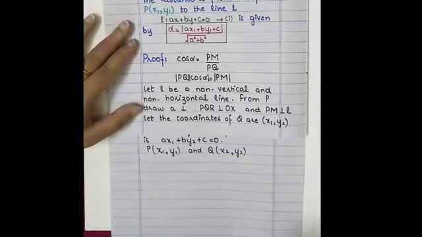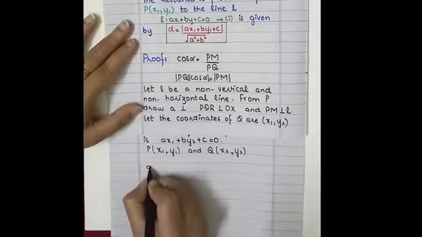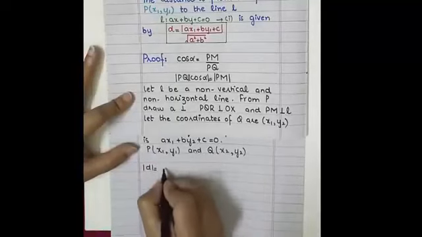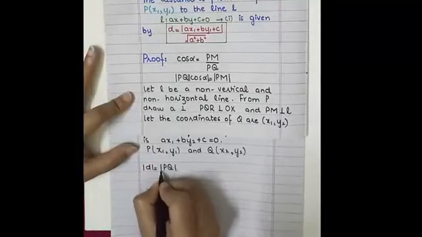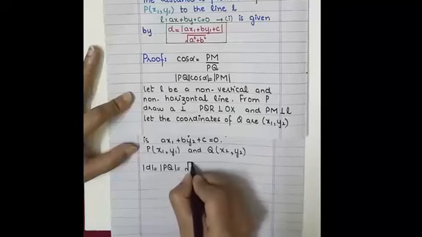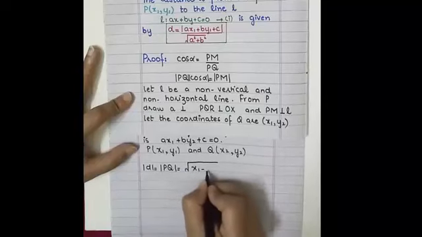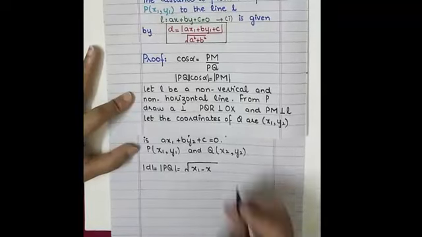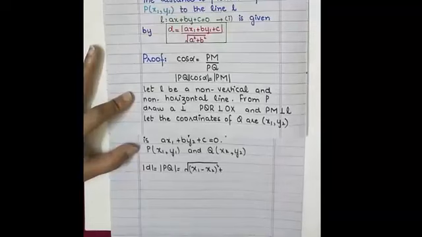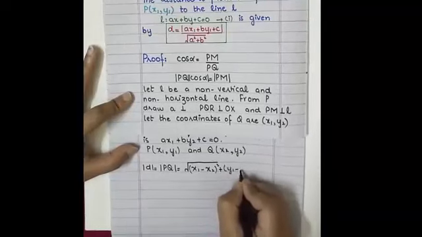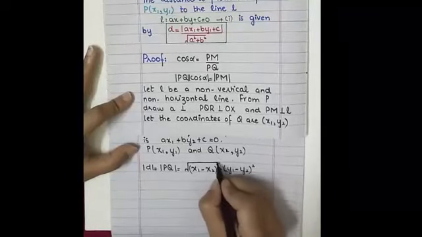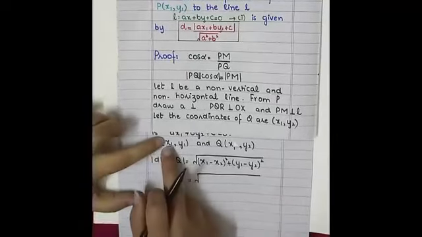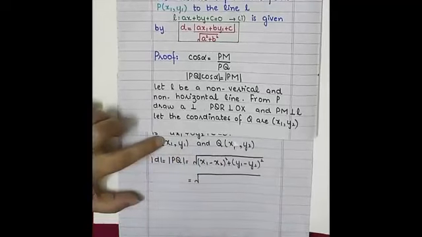To find the distance, we have the formula: d, the distance of PQ, is the square root of (x1 minus x2) whole square plus (y1 minus y2) whole square. So this is the formula to find a distance. This is x1, this is x2, this is y1, this is y2.